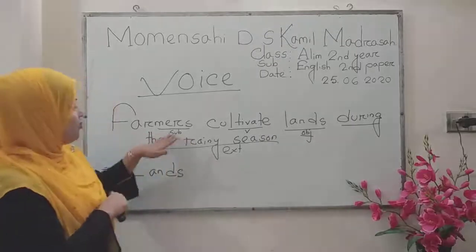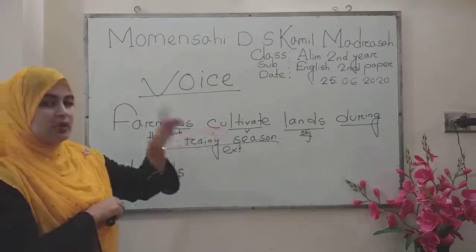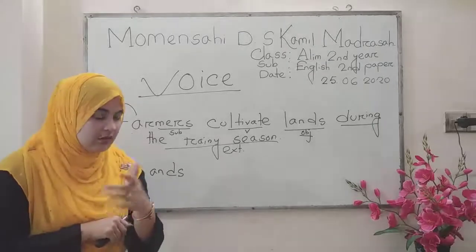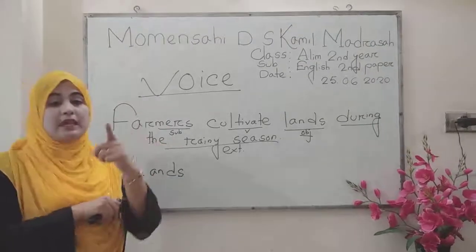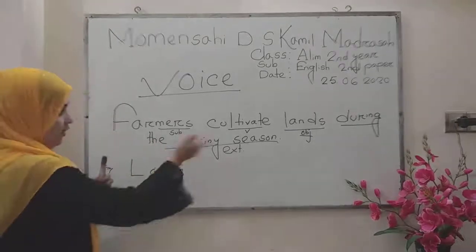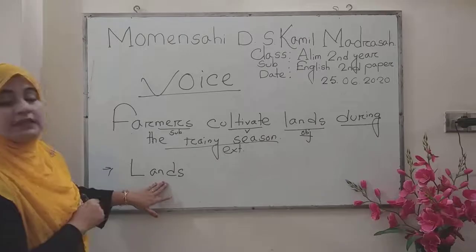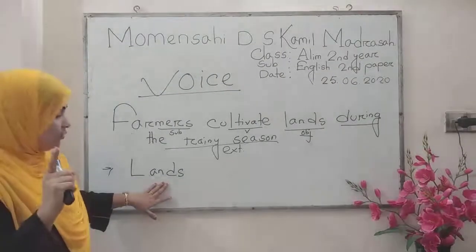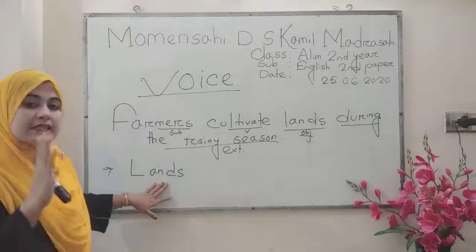Look, farmers cultivate lands. Obviously it is assertive. And also notice it is present indefinite tense. Okay. Already I have written here the subject. Then you need to put the auxiliary.